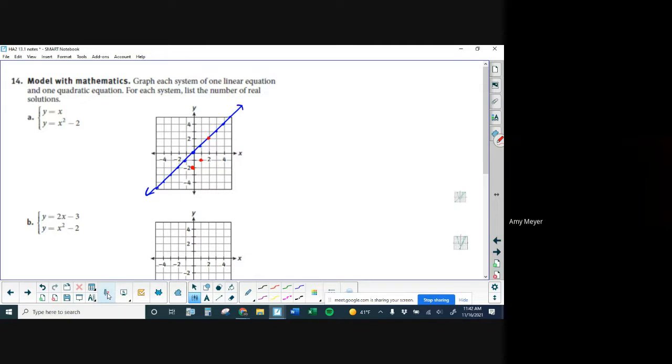Over 3, up 9. For basic ones like that with just a left, right, up, down, you don't have to plot the parent function anymore.